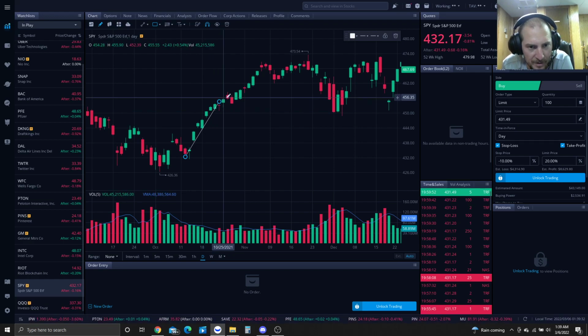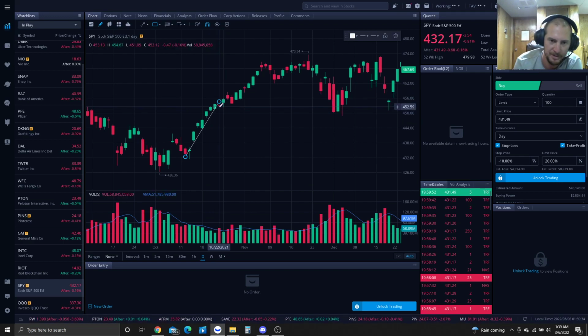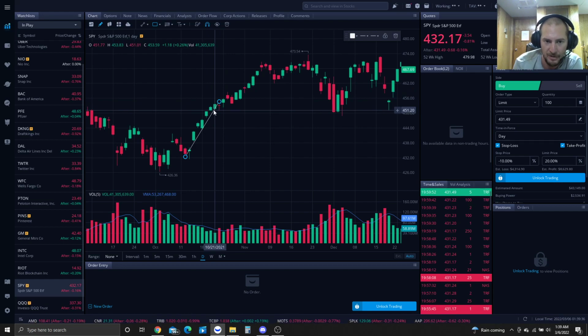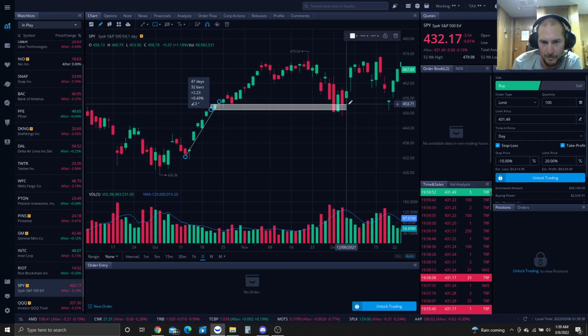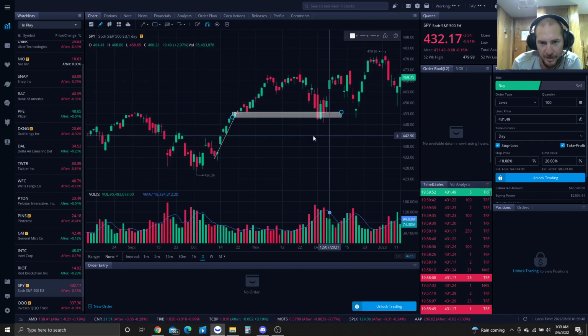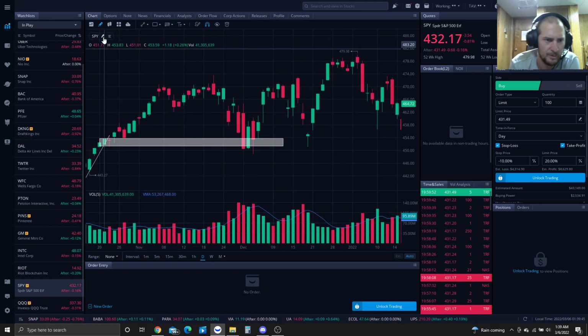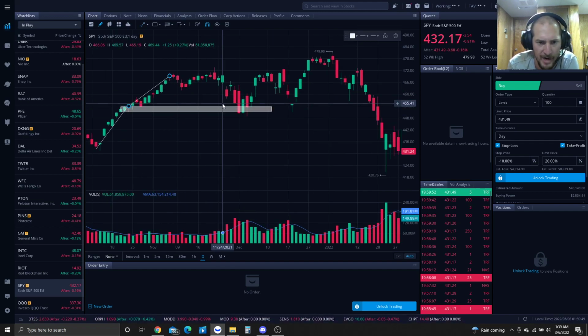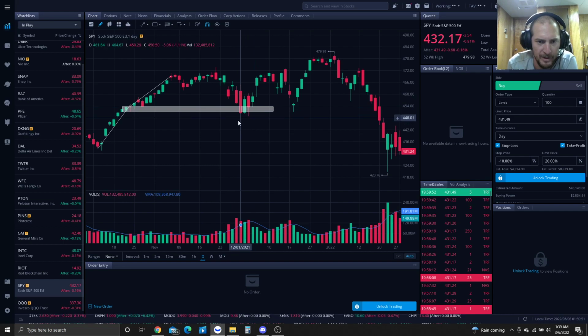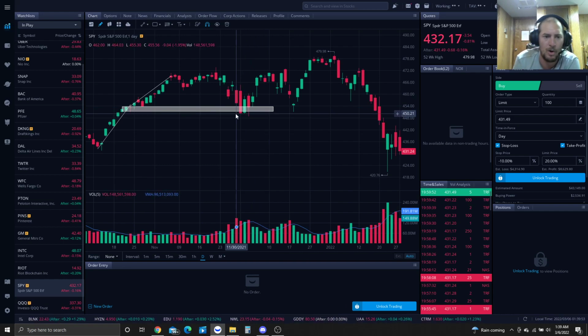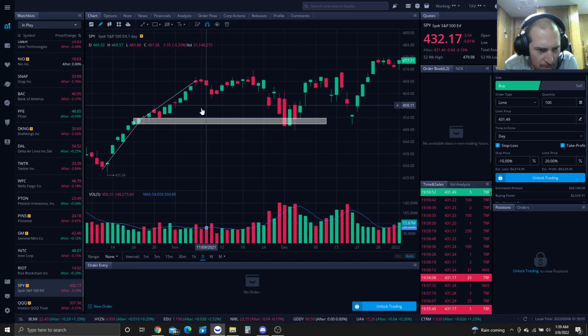There's a base, and then there's arguably another base here. In this case, there's a base here, but if you notice, this doesn't work out quite perfectly. You don't get that reaction until the next day, and it does call for some adjustments.